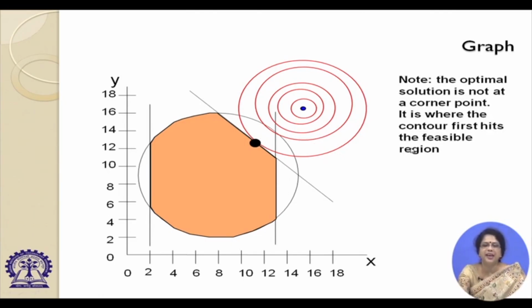Now, let me extend this problem for the maximization type. That means the objective function can move further. What have you noticed here? You have noticed that the optimal solution is not coming at the extreme points, or rather the corners of the feasible space. Rather, it is somewhere at the edge of the feasible space.